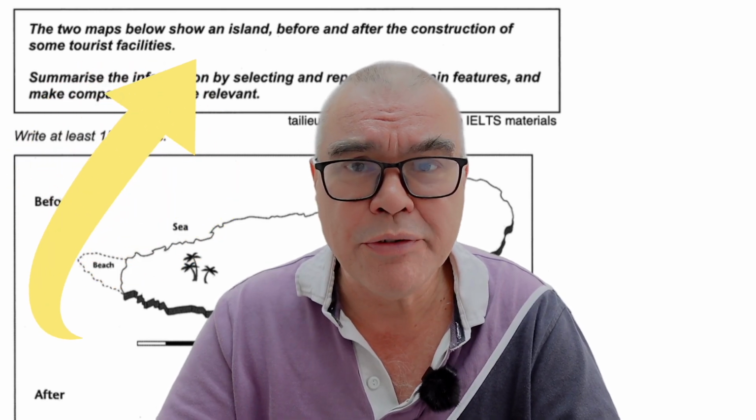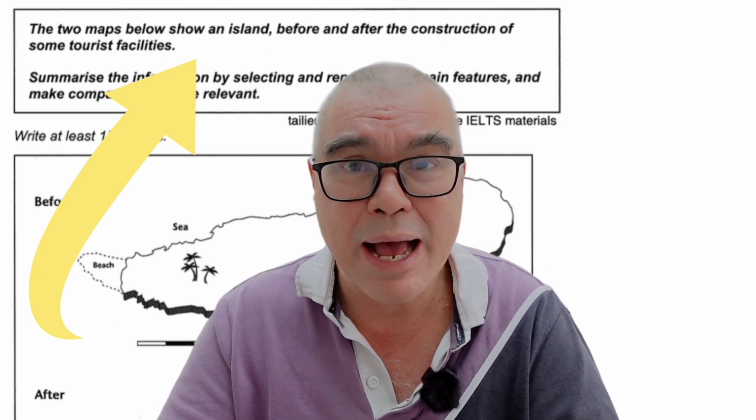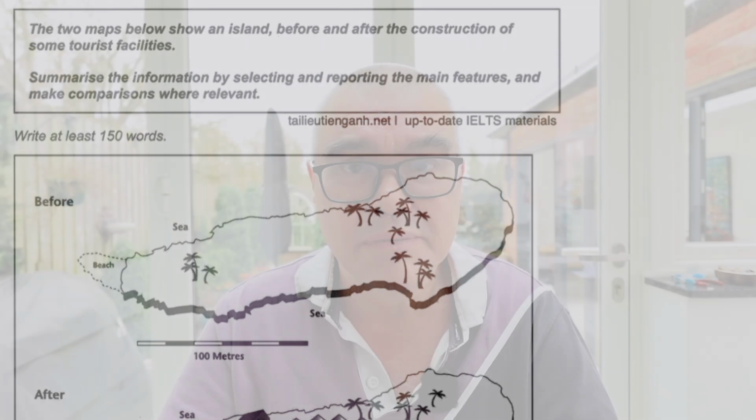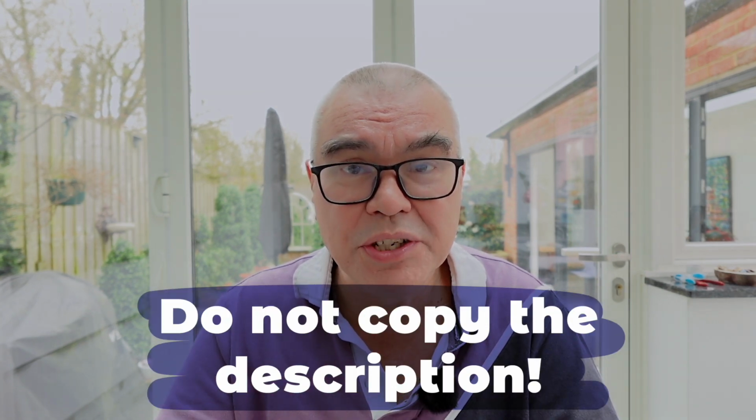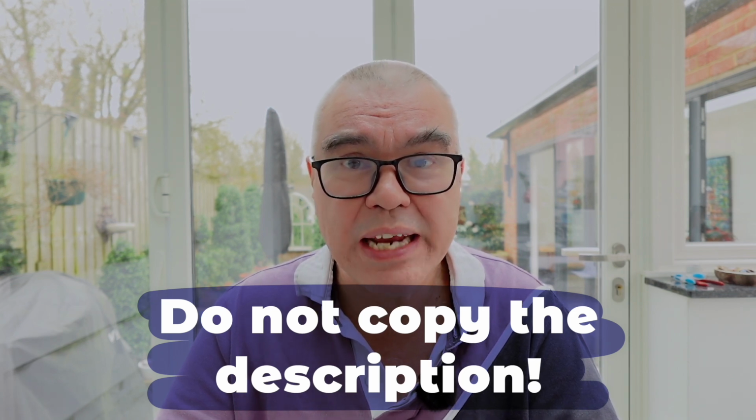Of course, the description will be a little bit different depending on the kind of map that you have. Now, the point here is that when you write a description, you cannot copy it as it is shown to you. There is no point copying that description out.